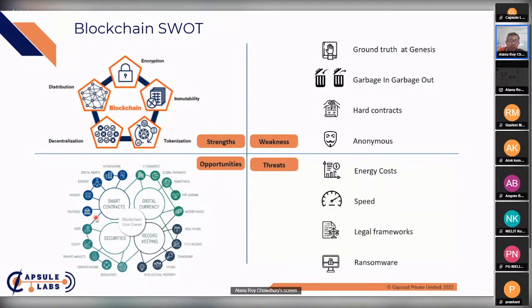But at the same time, if you look at the threats of blockchain, it is an energy hog, and if it is consuming energy, it has to be worth it, right? So it should not be storing information unnecessarily, because we are a country which still relies on a lot of fossil fuel for energy.